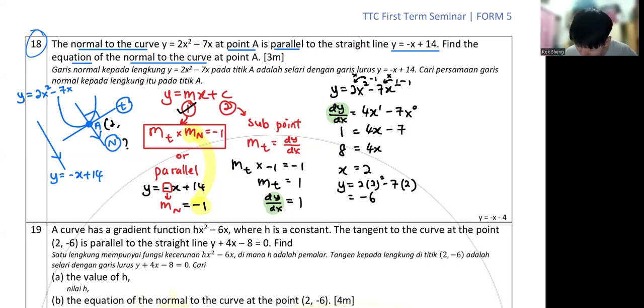Okay, so this is the point A. Now we can sub point A into the formula to find the c. y equals mx plus c.